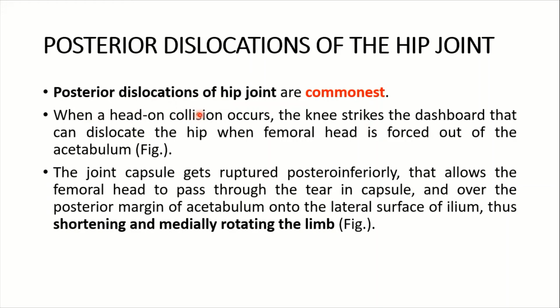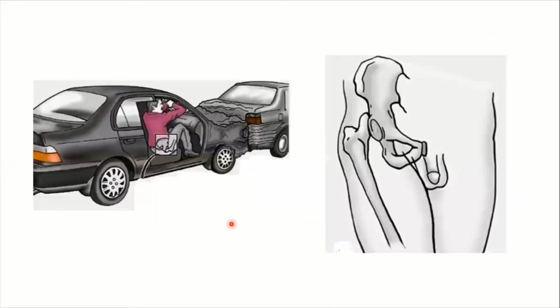You can say posterior dislocation of the hip joint. The joint capsule gets ruptured posterior-inferiorly. That allows the femoral head to pass through the tear in the capsule and over the posterior margin of the acetabulum onto the lateral surface of the ilium, shortening and medially rotating the limb, right? Shortened limb, medially rotated. You could see this limb is rotated medially.